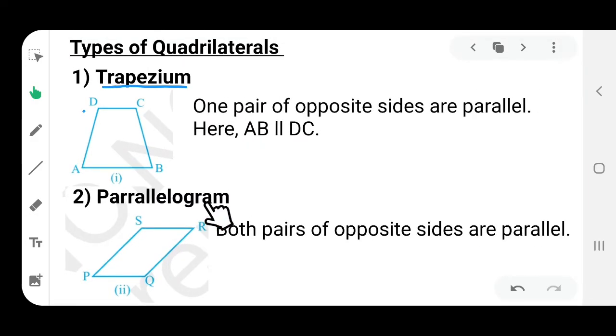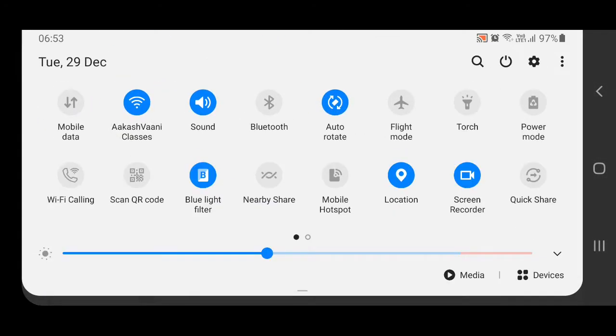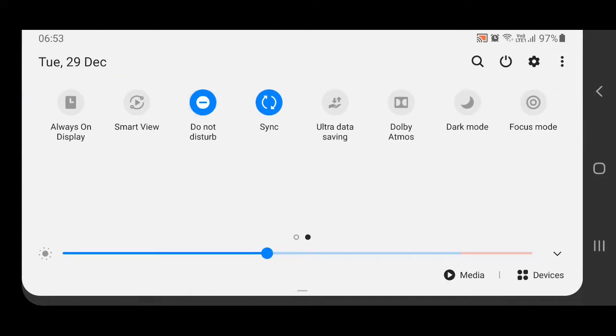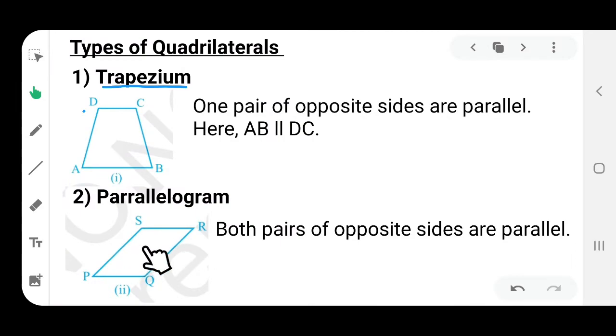Now second is parallelogram. Both pairs of opposite sides are parallel. In this case, if at least one pair is parallel to each other, then that is a trapezium. But if both pairs, here in this quadrilateral PQSR, are opposite and they are parallel to each other, we can see clearly. Okay, and here, another pair of opposite sides are PS and QR.